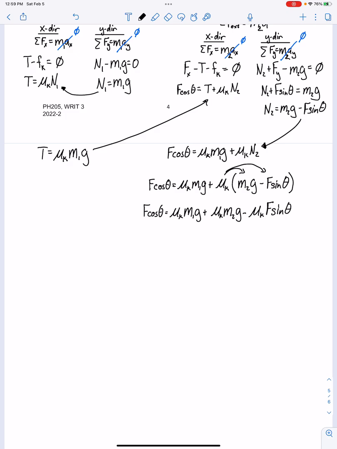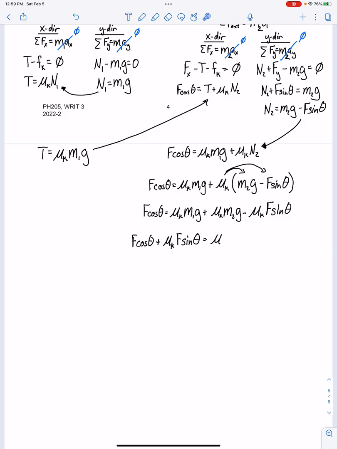And now I can add this term to the other side, and I've got all my F's on the same side. So I get F cosine theta plus mu sub k times F sine of theta is equal to the terms that are left.